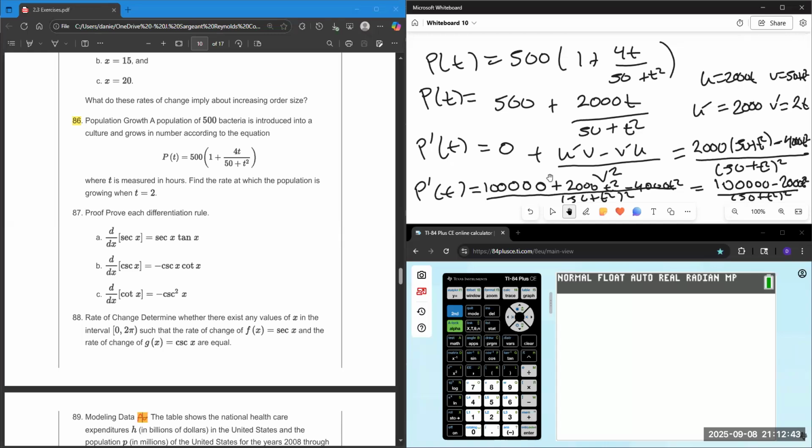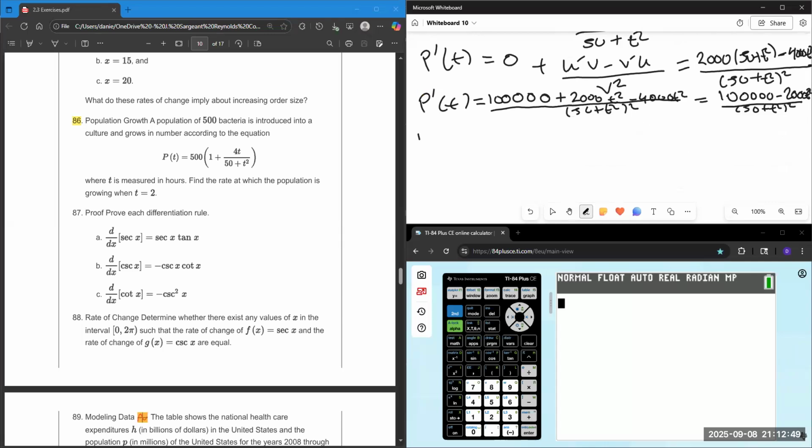So now I'm ready to plug in when t is 2. P prime of 2 is equal to 100,000 minus 2,000 times 2 squared over 50 plus 2 squared squared, which is 100,000 minus 8,000.